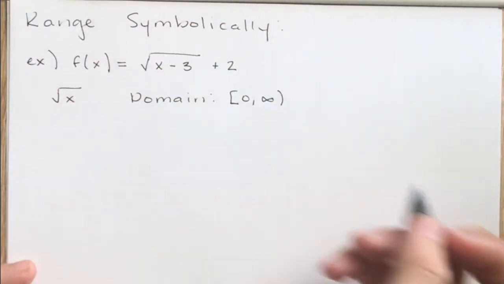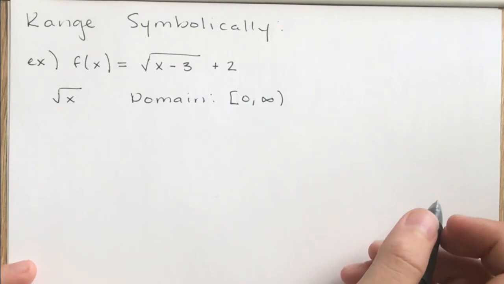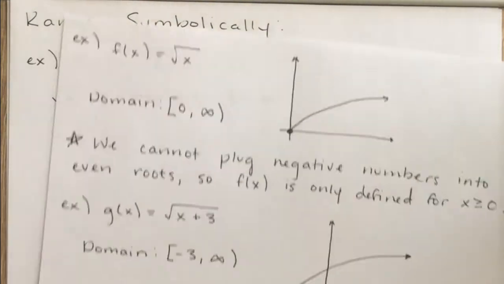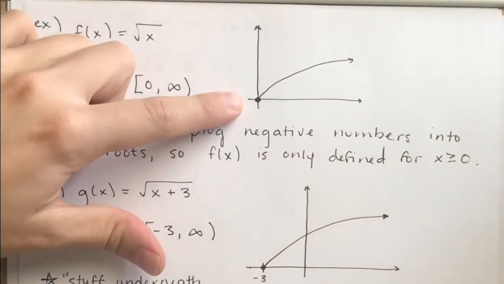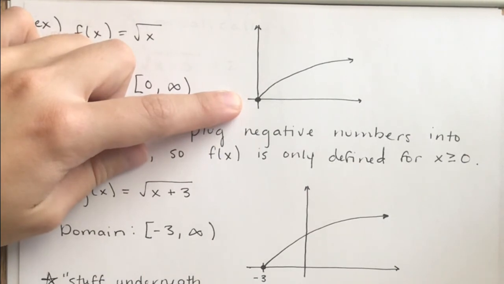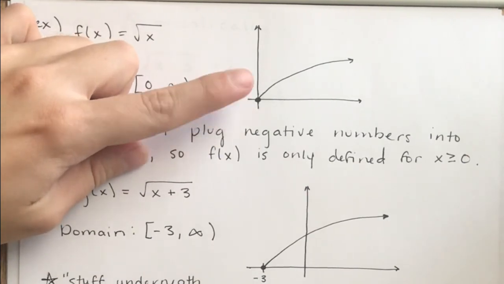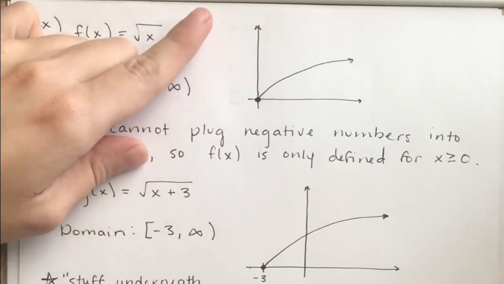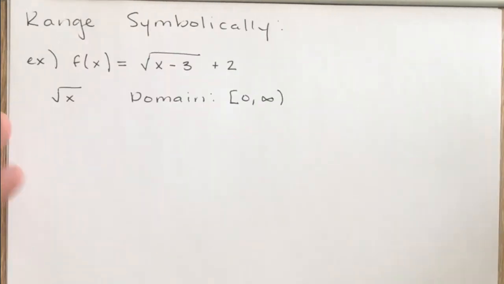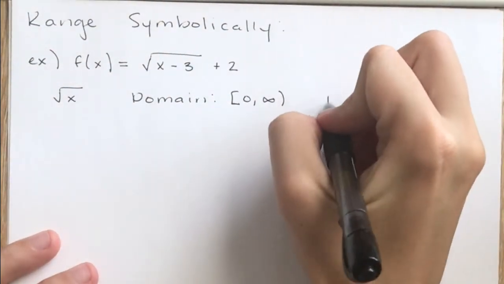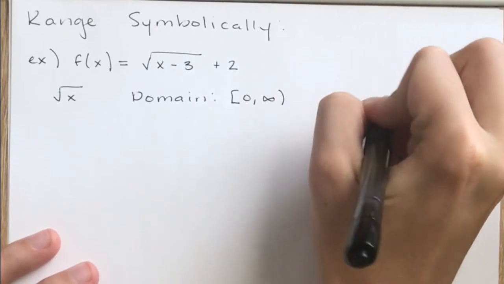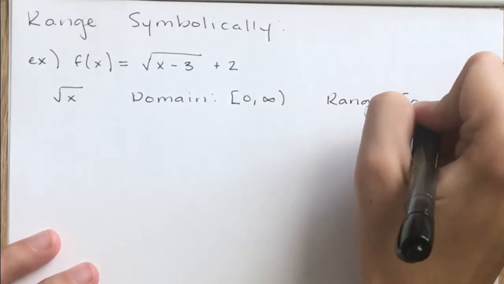If we think about our graph, remember our graph was this guy. What's the range of this? Well, it starts at 0, continues to infinity, so our range is also 0 to infinity.